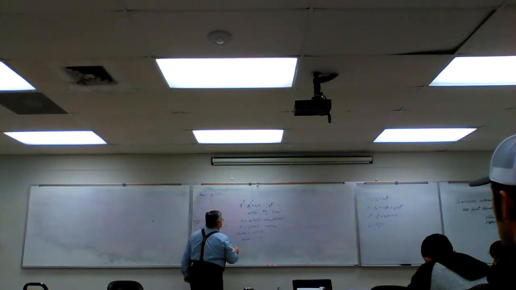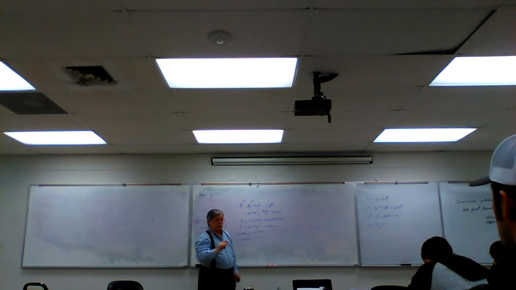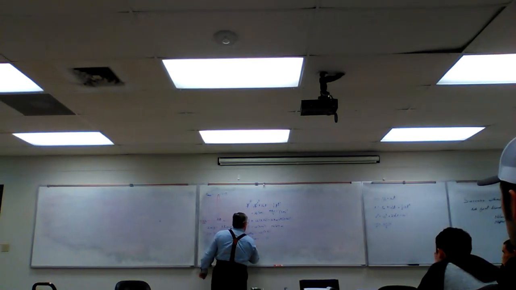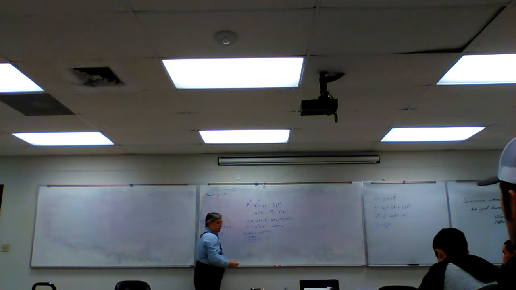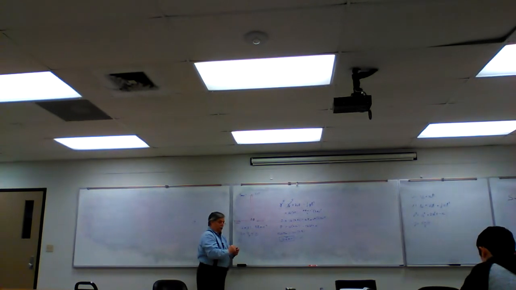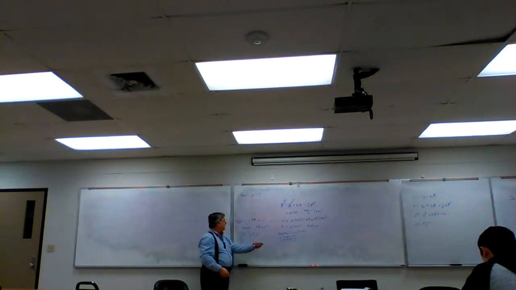Now, we haven't finished the problem. All we've determined so far is the initial velocity that the ball was thrown with. This is not our final answer yet. When the guy threw the ball, he tossed it up, this is the initial velocity he gave it.